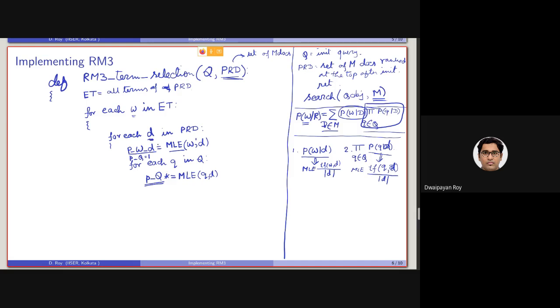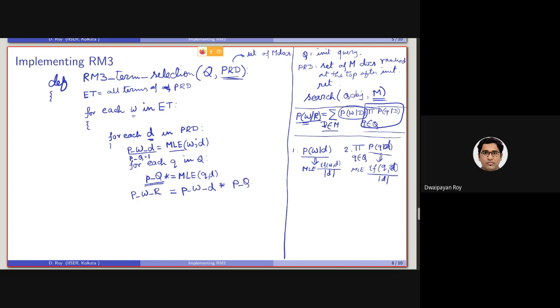After this, we need to store the final, let's call it P(w|R), which equals P(w|d) into P(Q).